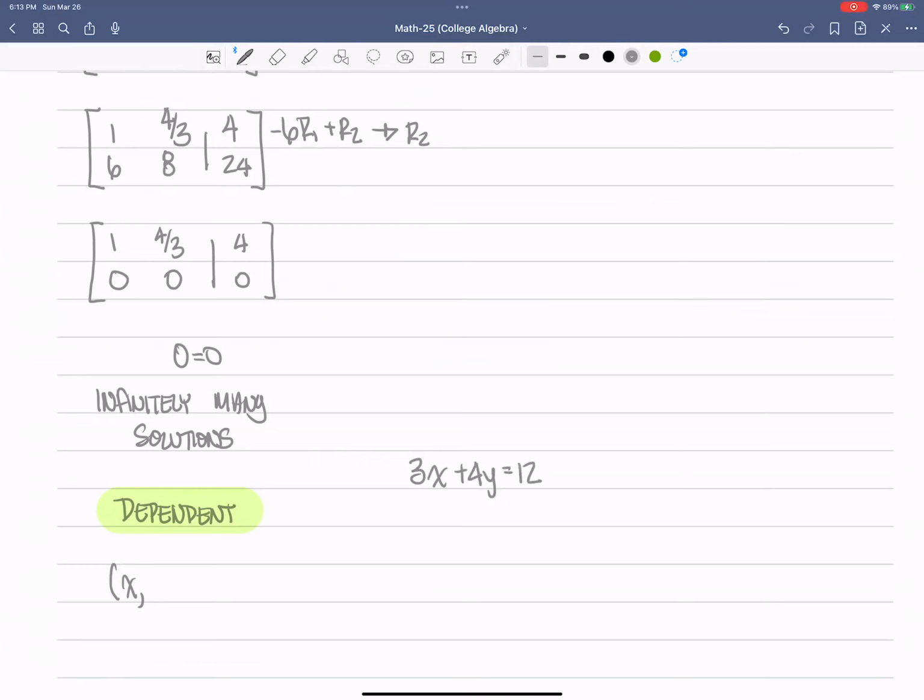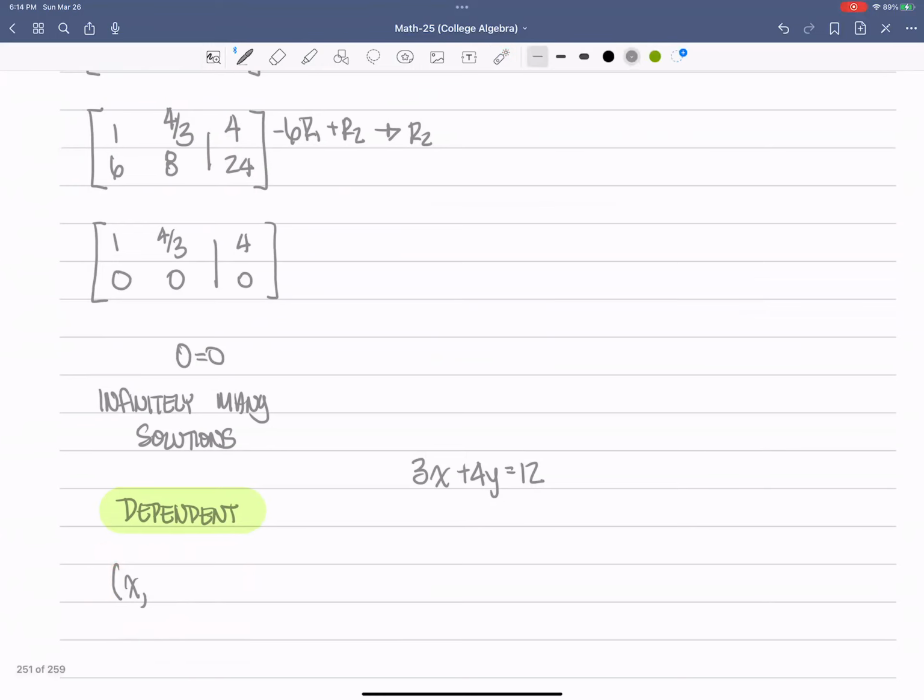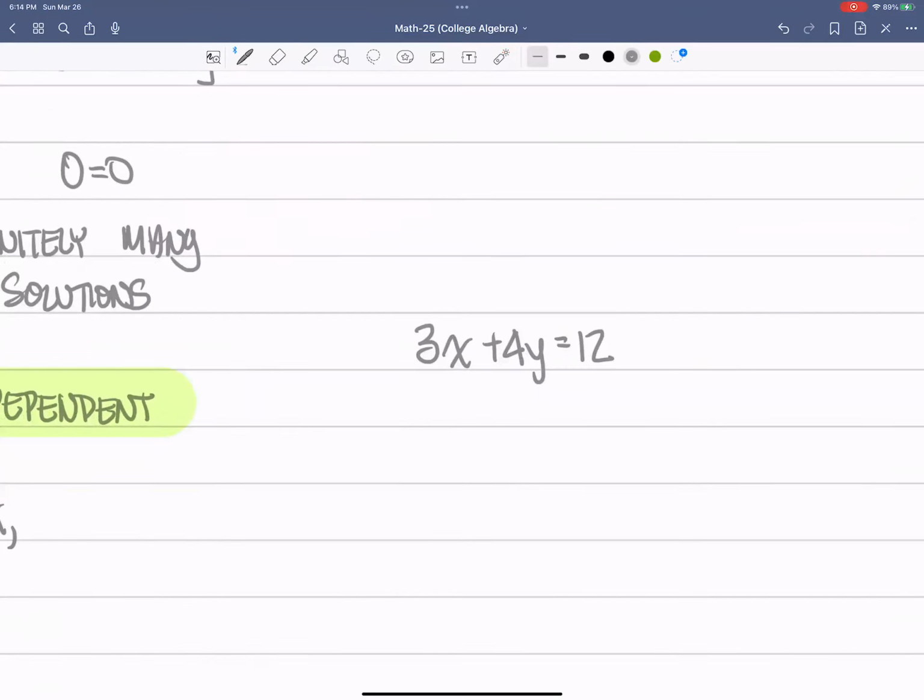And we're going to solve for y to see what the y component of our solution is. Subtract 3x from both sides. We have 4y is equal to negative 3x plus 12. Divide both sides by 4.